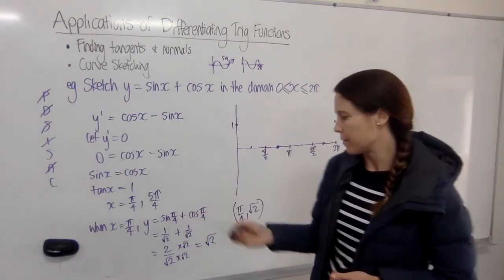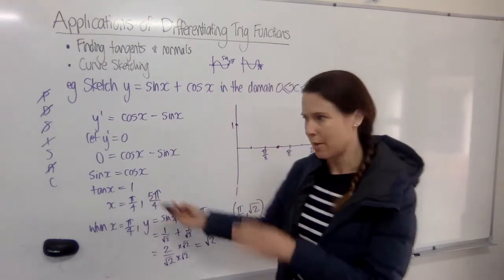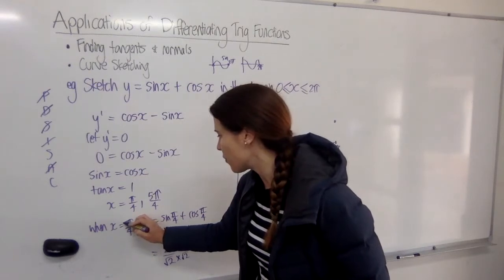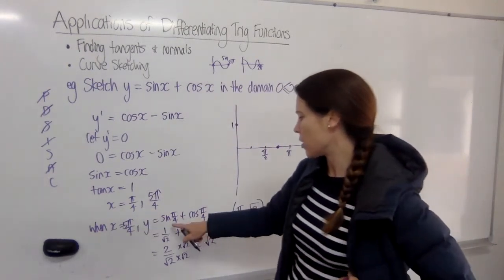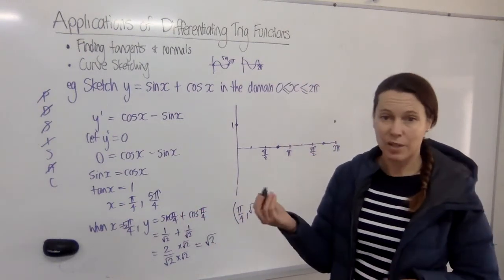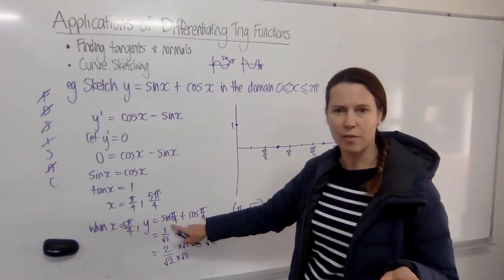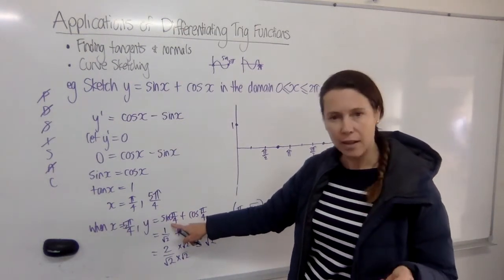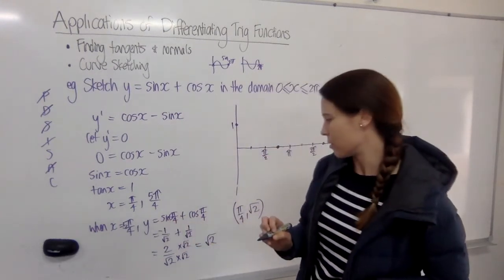Now we have to look at our other one. We can actually be a bit cheeky here. I'm just going to save some board space rather than writing this out again. If I've got 5 pi on 4, that's a related angle, isn't it? So the sine of 5 pi on 4 is going to be really similar to the sine of pi on 4, except 5 pi on 4 is in the third quadrant, and sine is negative there. So I'm going to have negative 1 on root 2.